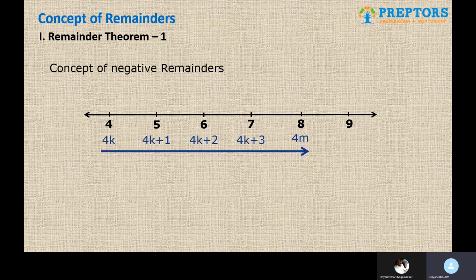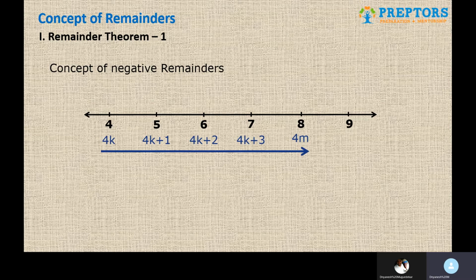Going from left to right, 4 is some multiple of 4, which is 4k. 5 can be written as a multiple of 4 plus 1, that is 4k plus 1. 6 can be written as 4k plus 2. 7 can be written as 4k plus 3.